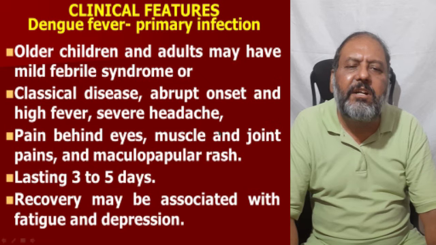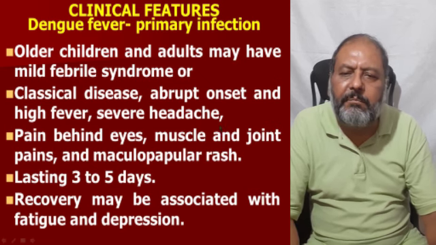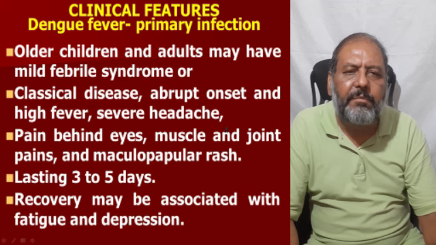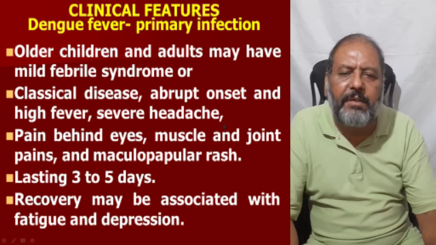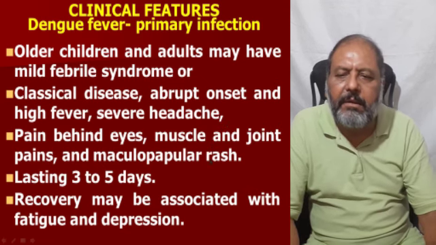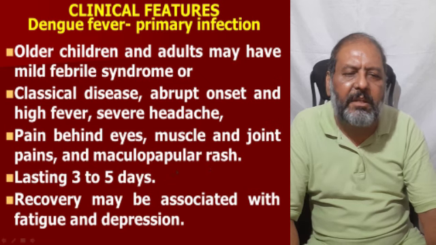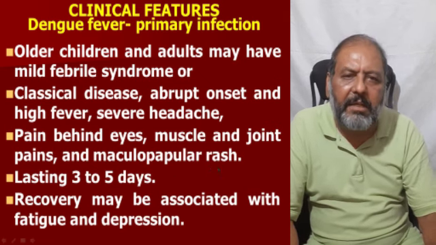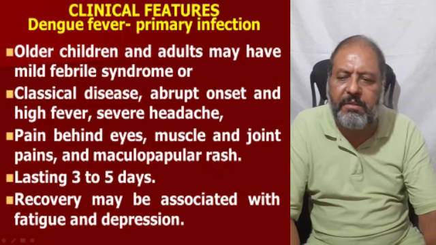Older children and adults may have mild febrile syndrome or classical disease with abrupt onset and high fever, severe headache, pain behind the eyes, muscle and joint pains, and maculopapular rash, as I have already shown you in the previous slides.